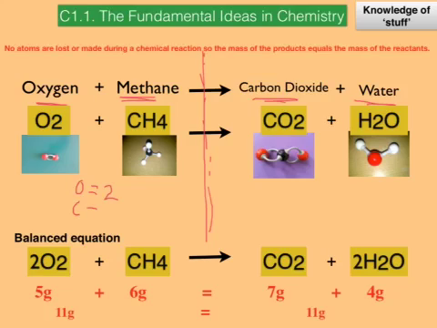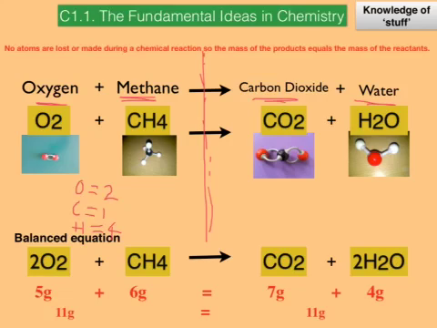Then I look to see how many atoms of carbon I've got, and I've only got 1. And finally, I look at how many atoms of hydrogen I've got, and at the moment I've got 4.